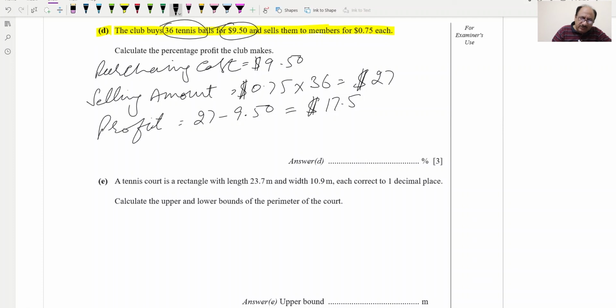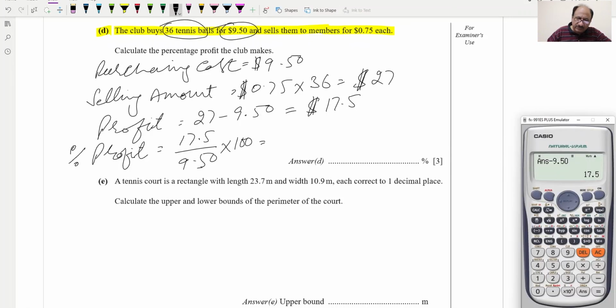So percentage profit, we can check. Percentage profit will be equal to 17.5 divided by 9.50, this was the investment, and multiplied by 100 for percentage.